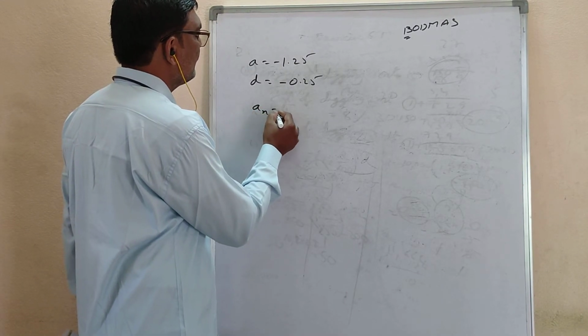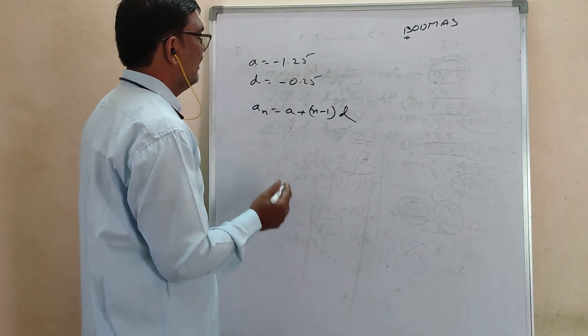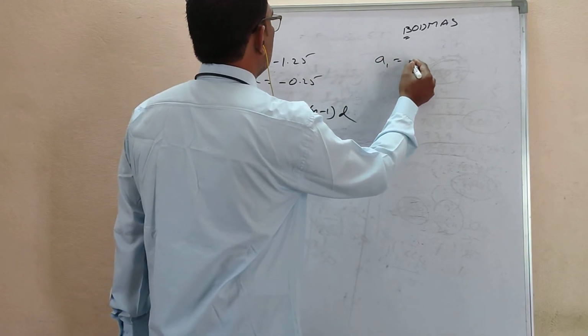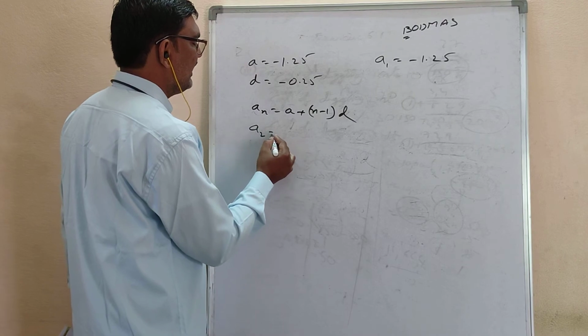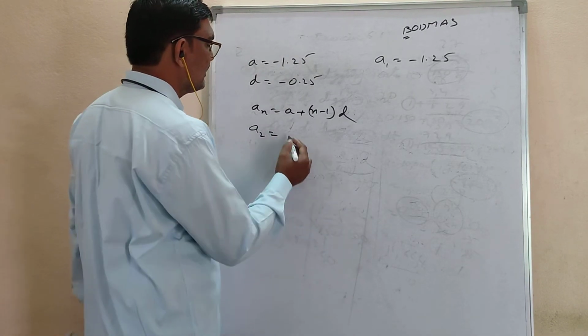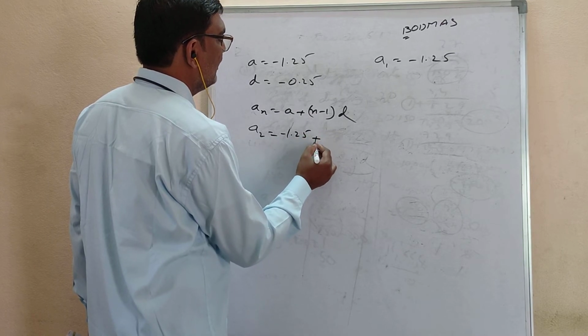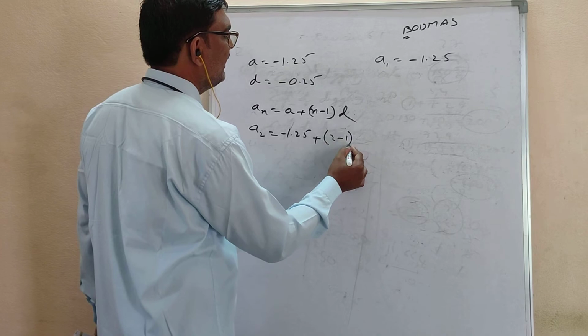So an is equal to a plus n minus 1 into d. First four terms means the first term is already given. A1 is minus 1.25, it is given. We have to calculate A2 onwards. A2 is equal to A, and A means I have to write minus 1.25. n means 2, 2 minus 1.